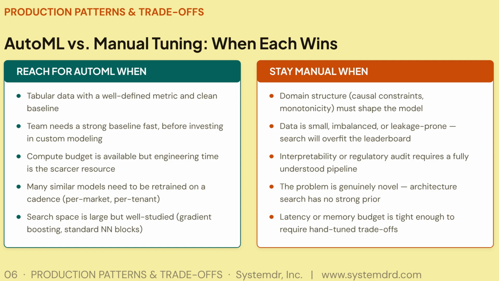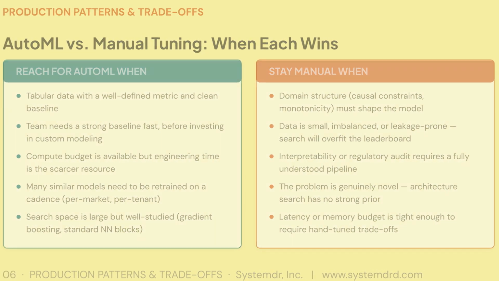When the problem is genuinely novel, so there's no strong prior for a search algorithm to lean on. Or when your latency or memory budget is tight enough that it requires hand-tuned trade-offs a generic search won't discover on its own. In practice, many teams run both in parallel early on. AutoML for a fast baseline, and manual tuning to see whether it's actually worth trying to beat that baseline.